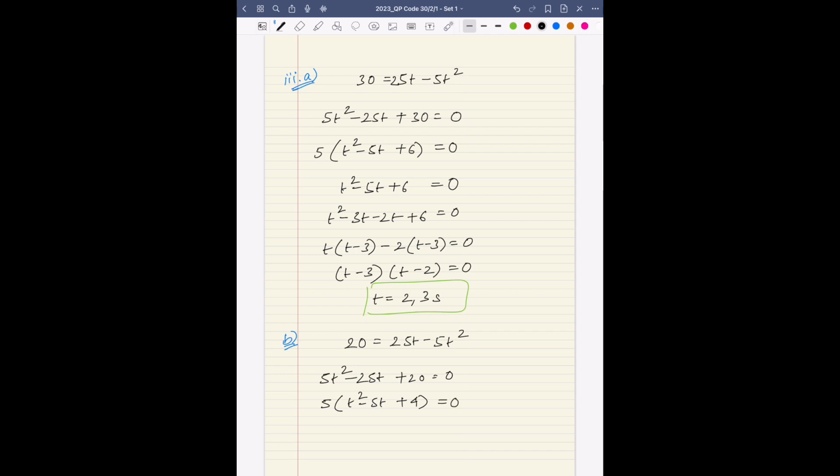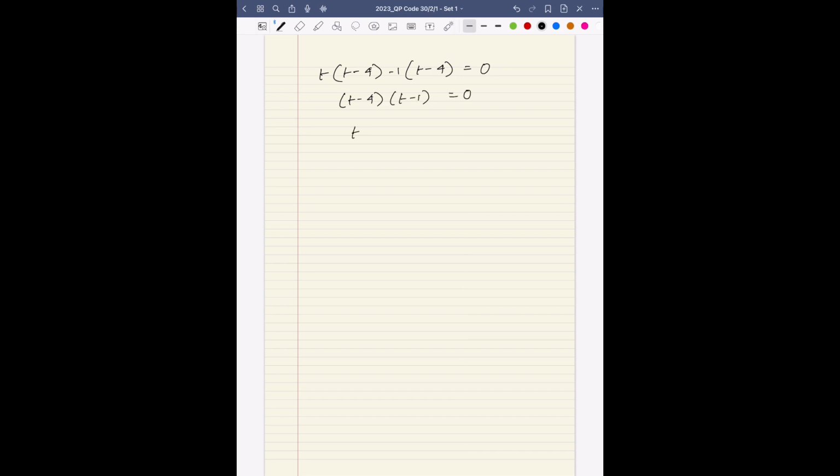What will be the factors? t square, now minus 5t can be written as minus 4t minus t plus 4 is equal to 0. Take t common in the first two terms, you get t minus 4. Take minus 1 common in the second two terms, you get this. Take t minus 4 common.